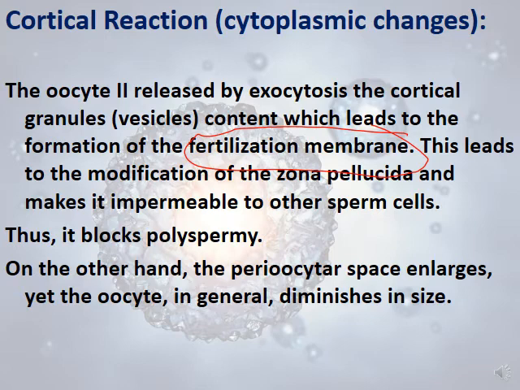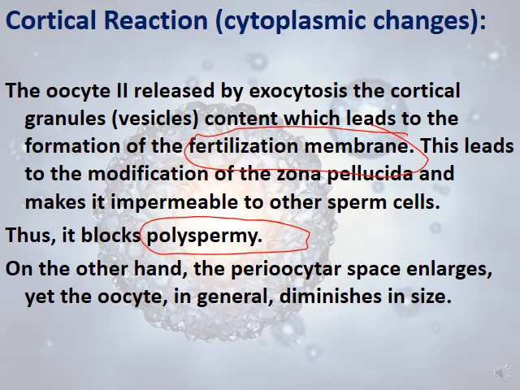What is the role of the fertilization membrane? This leads to the modification of the zona pellucida and makes it impermeable to other sperm cells. So the zona pellucida will be impermeable to other sperm cells. So this will block what is known as polyspermy, the entrance of more than one sperm into the egg cell.